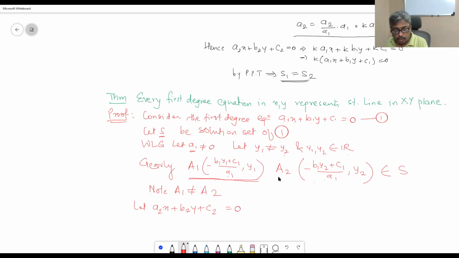I mean, if I have 2 distinct points in the xy plane with me, I can always find the equation of the line passing through these two, which we have already done earlier. If I have been given 2 points, I can find out the equation of the line. So let the equation of the line be a2x plus b2y plus c2 is equal to 0, the equation of the straight line A1A2.